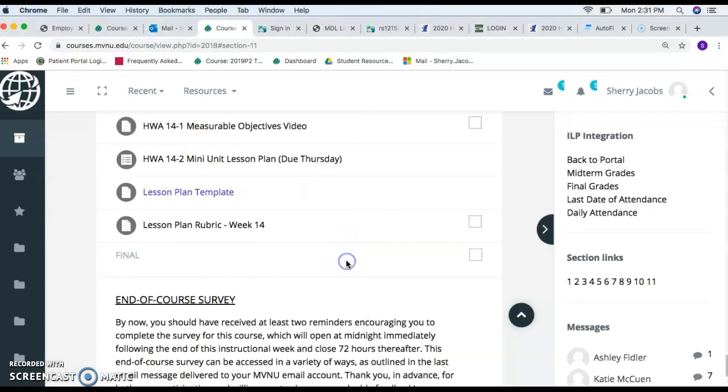This lesson plan template should be nothing new to you. And here's the lesson plan rubric.